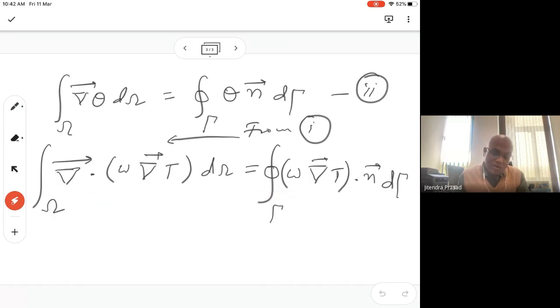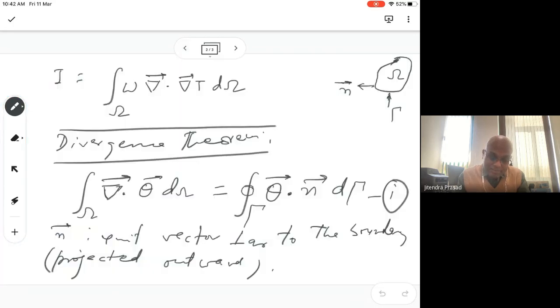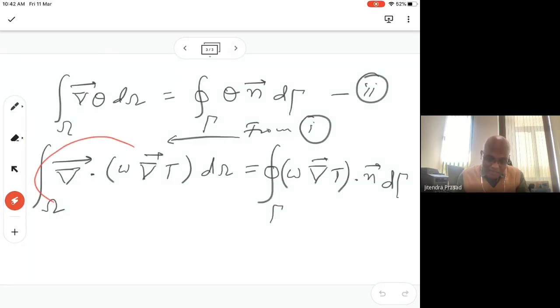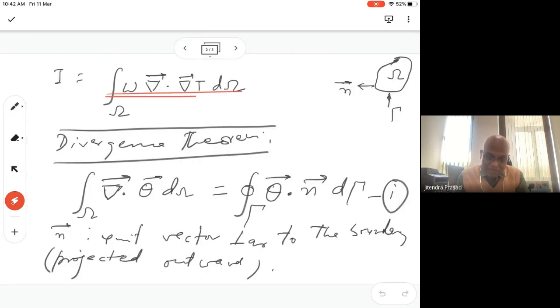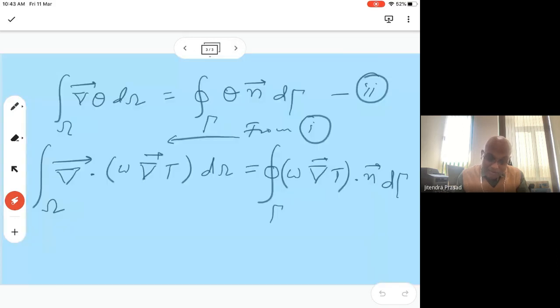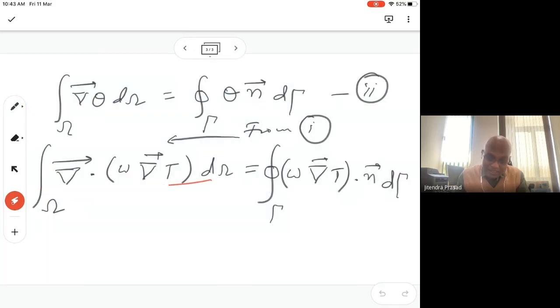Now we look at integration by parts. In order to integrate this one, we convert it into another form and then use the divergence theorem. We will get this term when we expand it. When we do integration by parts, we will get this form, and this form we will convert into this form using the divergence theorem. So that's what we did.